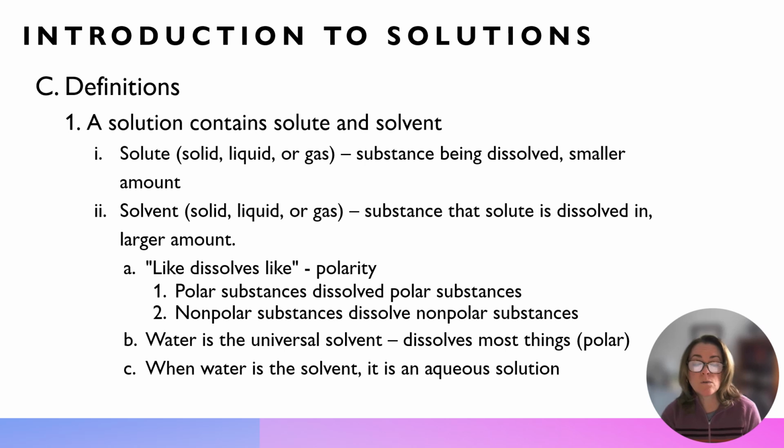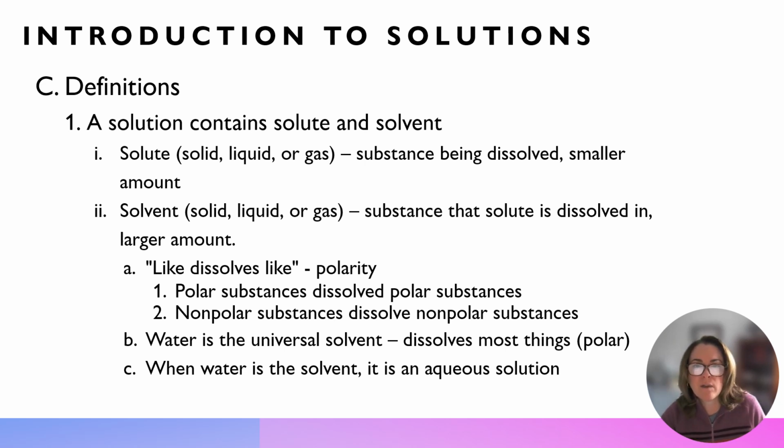You are going to use this a ton in 1211. So what this means is that polar substances dissolve polar substances, and nonpolar substances dissolve nonpolar substances. And when you try to mix a nonpolar substance with a polar substance, it will not dissolve.